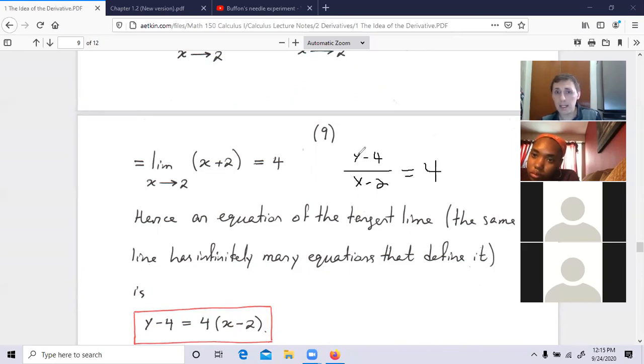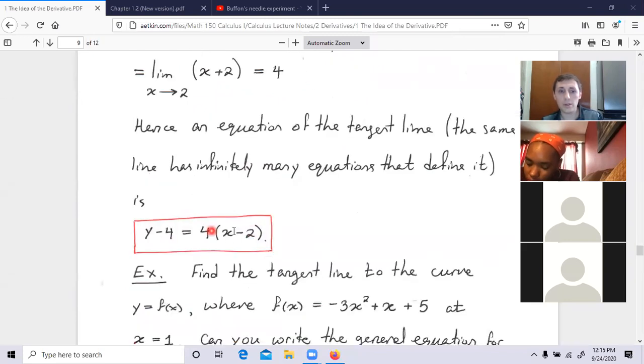So that means that any other point on the line, x, y, will satisfy this property, which means y minus 4 equals 4 times x minus 2. You can write it in other forms, but I do not need to solve more than is required of you. Of course, you can write this equation in another form.